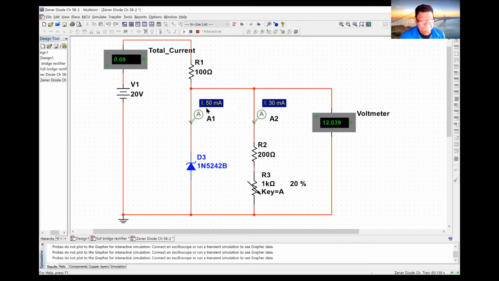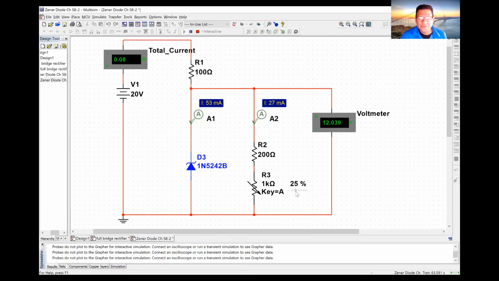So even when I was able to change the current through my load, the full voltage remains the same, because the excess current is going to be taken by the Zener diode.